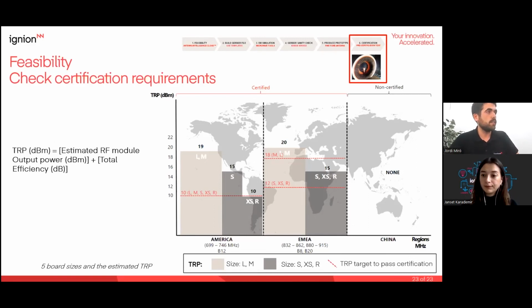Here we test the TRP at 19, 15, and 10 dBm with 23 dBm output power, and with the total efficiency of this evaluation board. Okay, thank you. I think I answered the full question. I think so, yeah, this was the question.